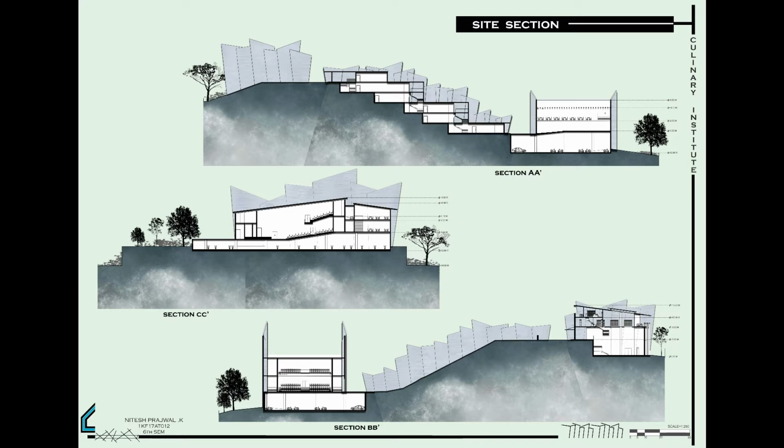Section CC, the section through the auditorium and canteen. Here you can see the parking underneath the auditorium and canteen, and the mezzanine flooring in the auditorium acts as a balcony. The balcony and canteen are both interconnected, and there is an entrance through the canteen also.